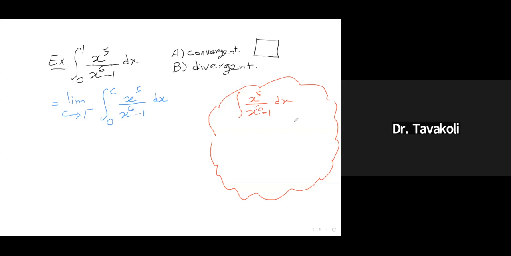So if u is x to the 6 minus 1, the derivative of u with respect to x is 6x to the 5. So du is 6x to the 5 dx. In other words, x to the 5 dx is du over 6 if I divide both sides by 6.